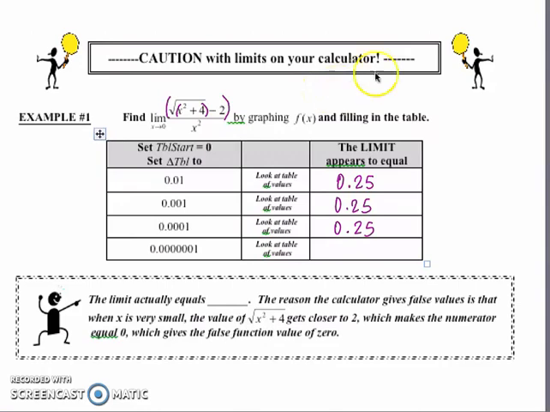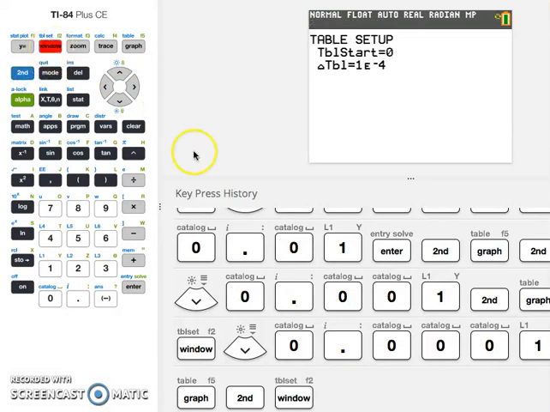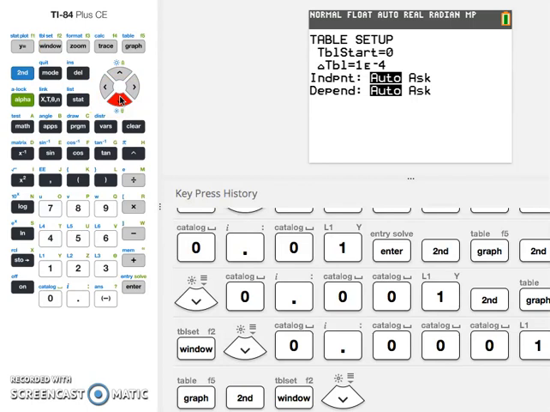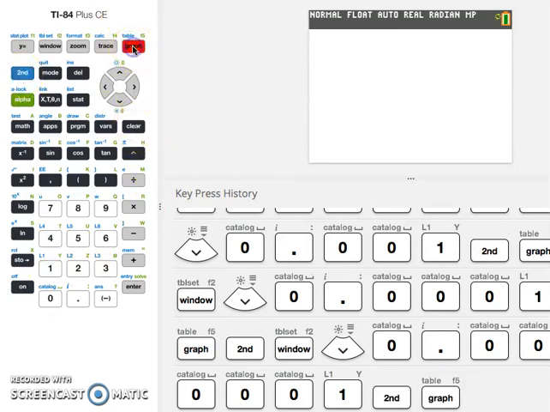Okay. Now we're going to get really tiny. So we're going to go to second level table set, and we're going to change our table increments to 0.00000001. That was 6 zeros. And then we're going to look at the table.